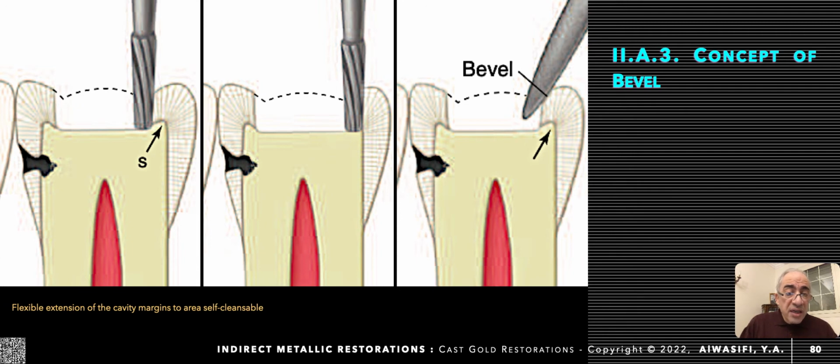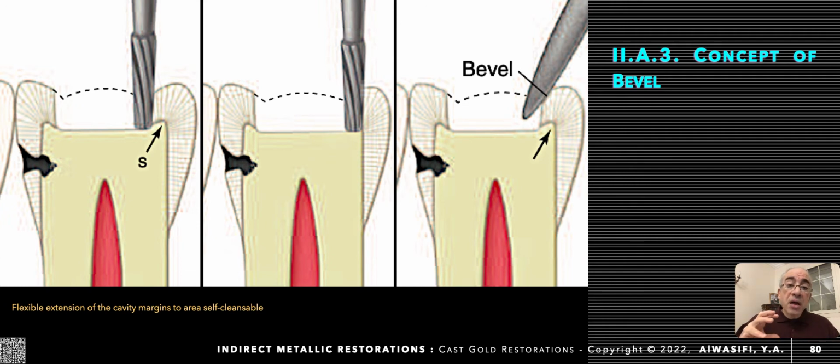That's why let it stay in its place, let it be thick enough, at the expense of there being no caries, and when you bevel it like the photo to the right, the most right one, then your cavity margin will extend to the end of your bevel. Then it is considered a flexible extension.